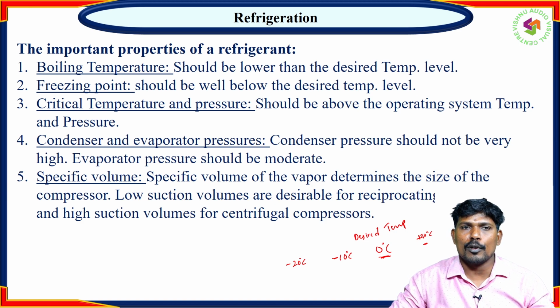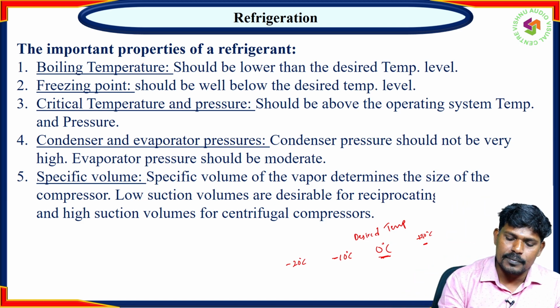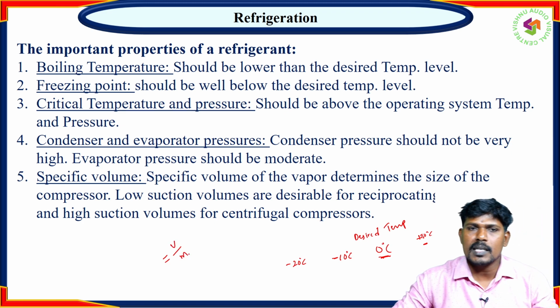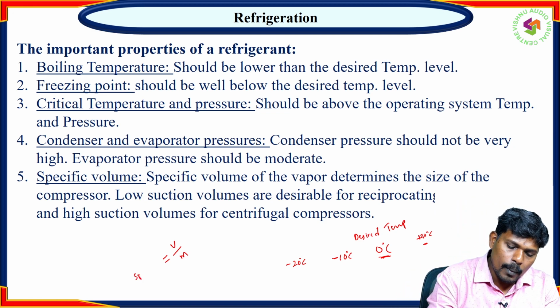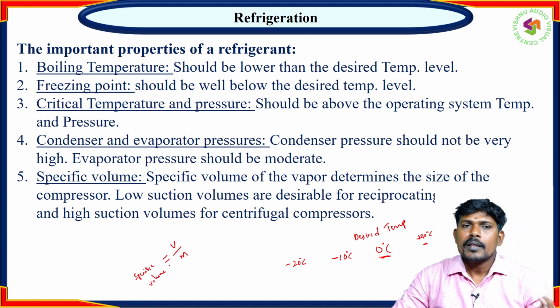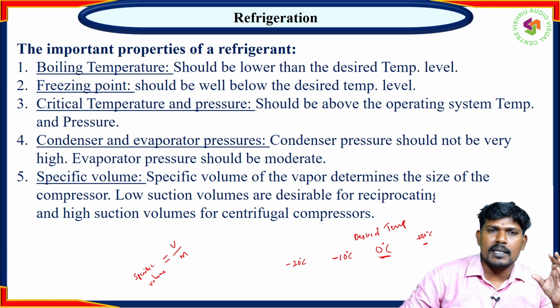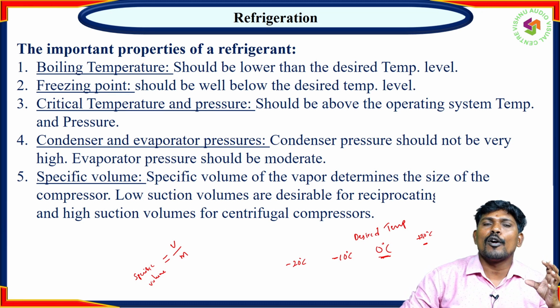Next one is the specific volume. The specific volume says volume per unit mass. That is the specific volume. Okay, the specific volume means per unit mass, what is the volume it occupies.